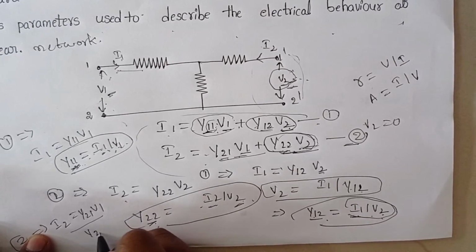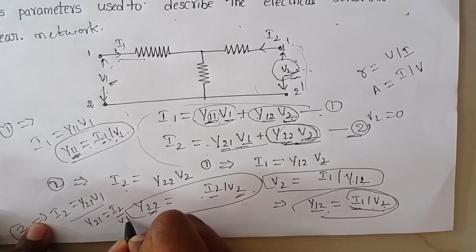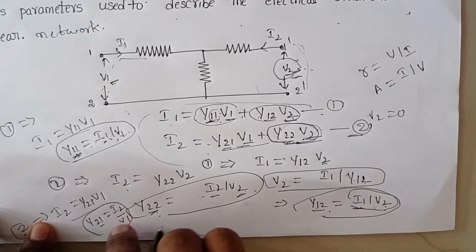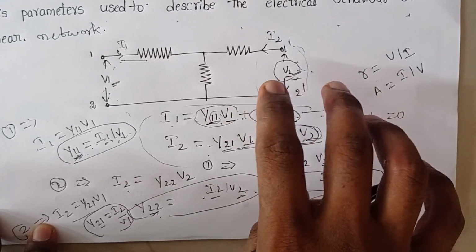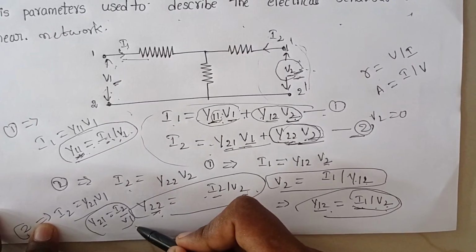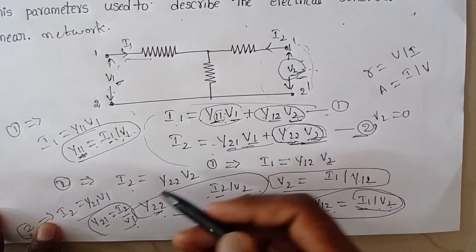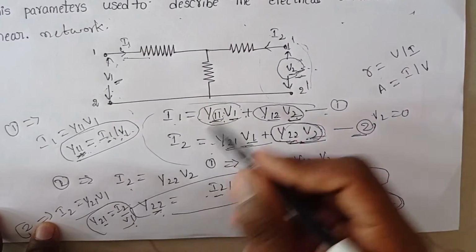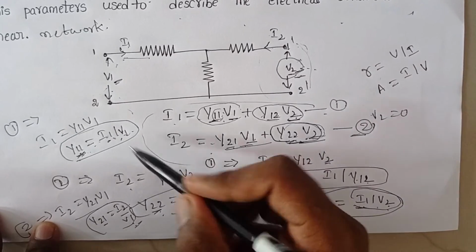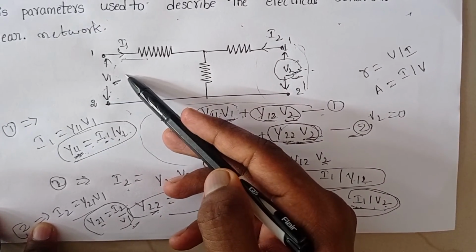From this, Y21 equals I2 by V1. The 21 indicates it is between the second port and the first port. That's why the current and voltage belong to both the first and second ports. Here I2 is the second port current, that is the output current. V1 is the first port voltage, that is the input port voltage.